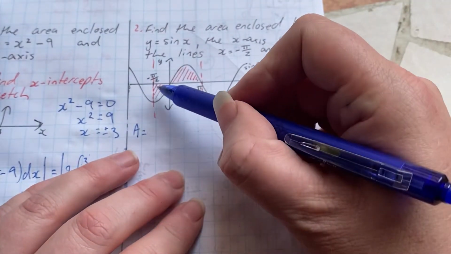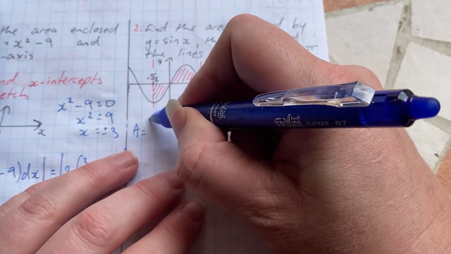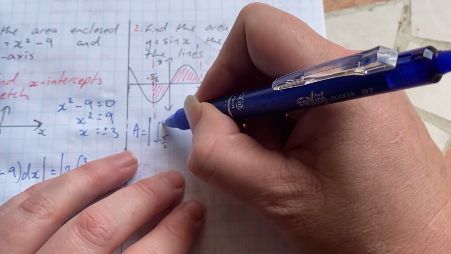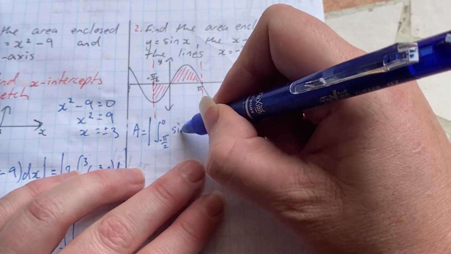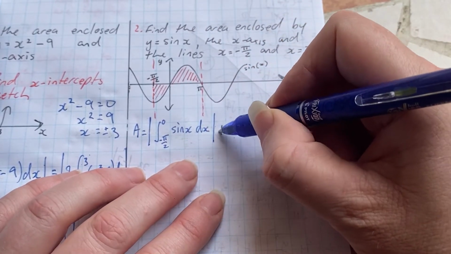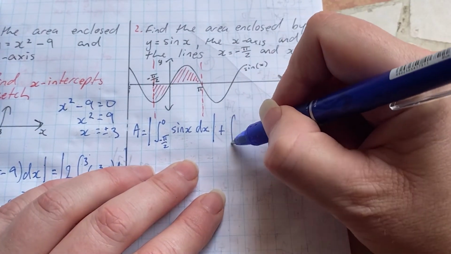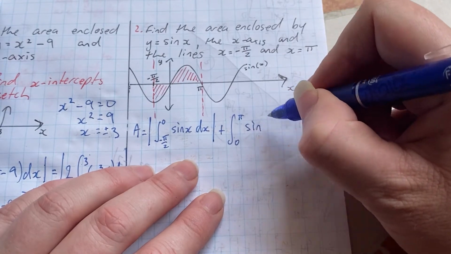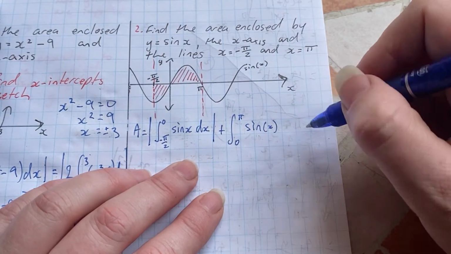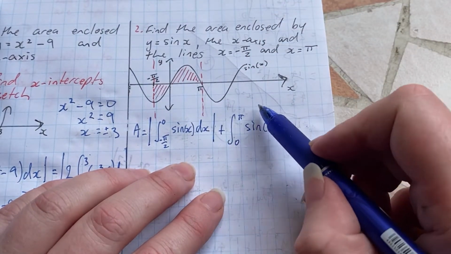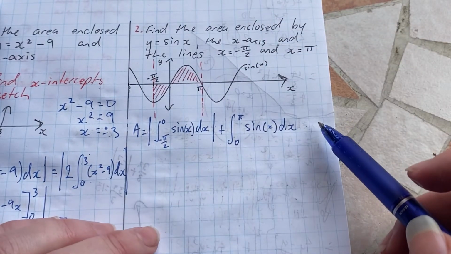So the area equals this piece, which is the absolute value of the integral from negative pi on 2 to 0 of sine x with respect to x, plus the integral from 0 to pi of sine x with respect to x. I didn't put the absolute values here because it is positive.